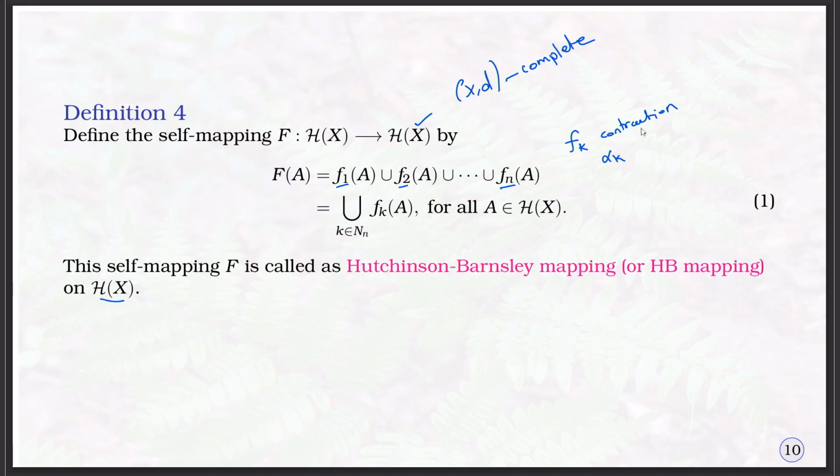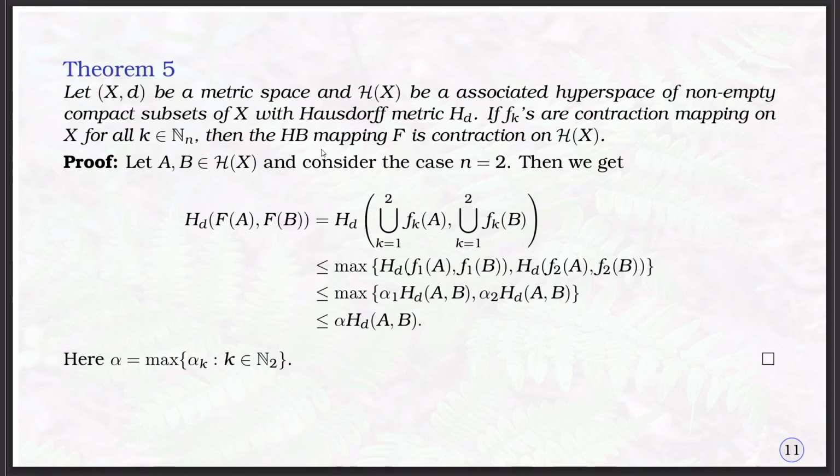These Fk are contractions on X. By taking the union of all these members, we are defining the mapping F on H of X. This mapping we can call the Hutchinson-Barnsley mapping, or simply the HB mapping. Now, we are going to prove that this HB mapping is also a contraction.